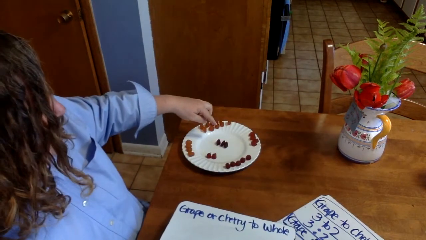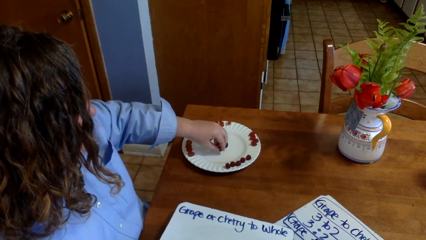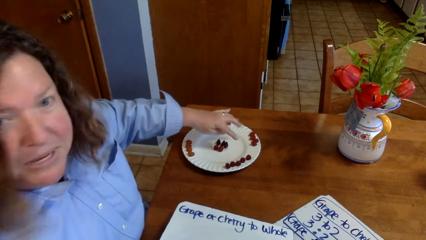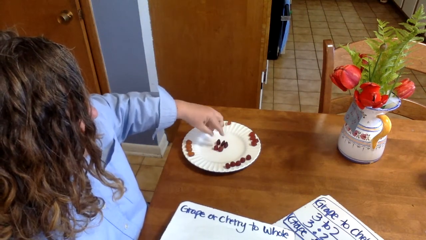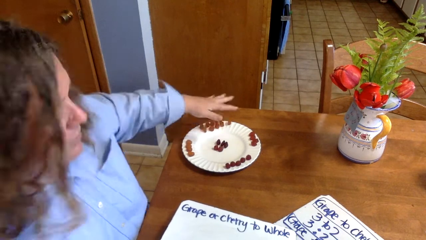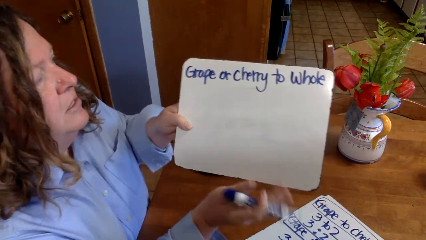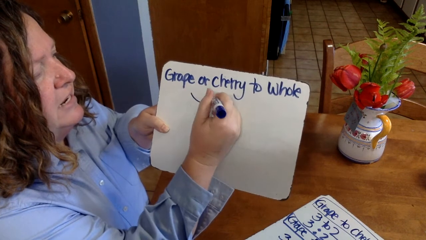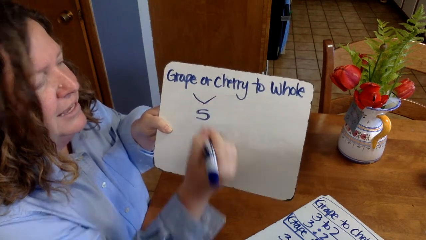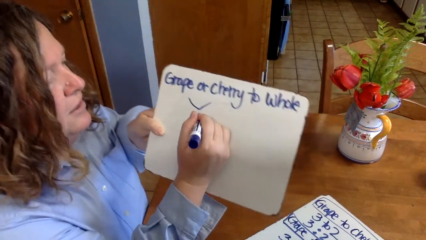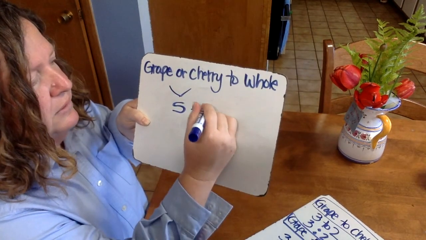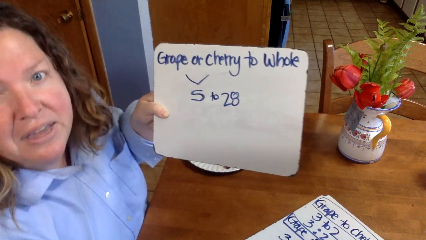So I have to look and say, well, I'm going to put those kind of together in a group because it says it could be either grape or cherry right there. So that's a group compared to the whole thing. So either grape or cherry together is 5. There's 5 of them that are either one or the other. Then we know the whole is 28.